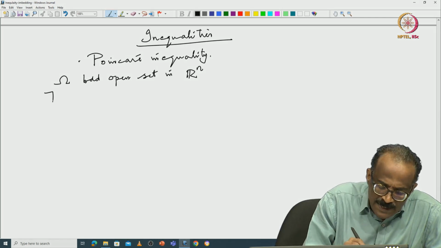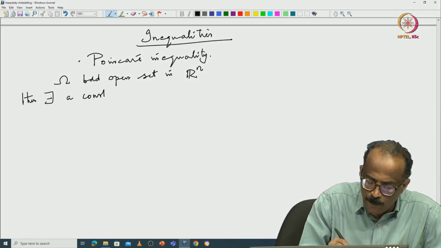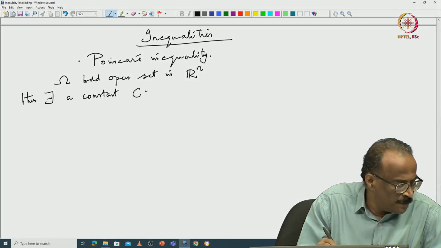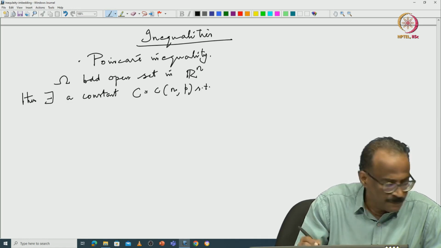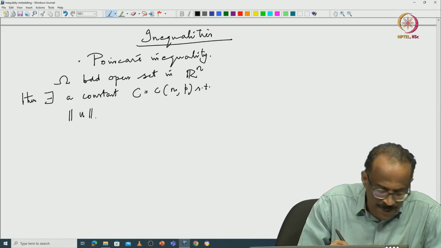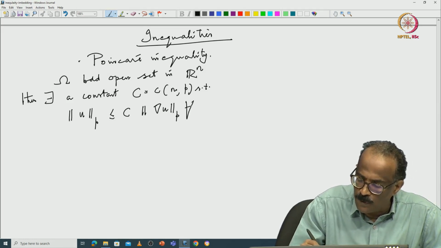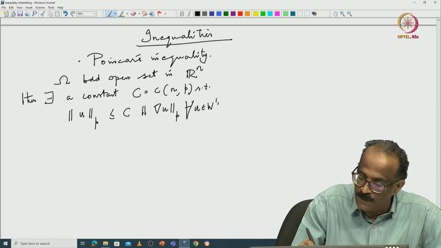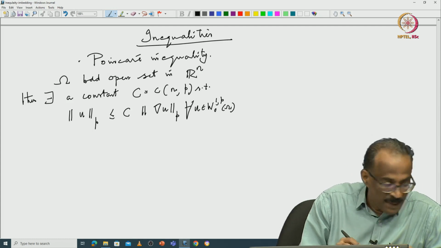Then there exists a constant C, depending on omega and p, such that the norm of u in Lp is less than or equal to the constant times the norm of gradient of u in Lp for all u in W1p zero. Of course, this result will not be true for W1p because of the constant functions.